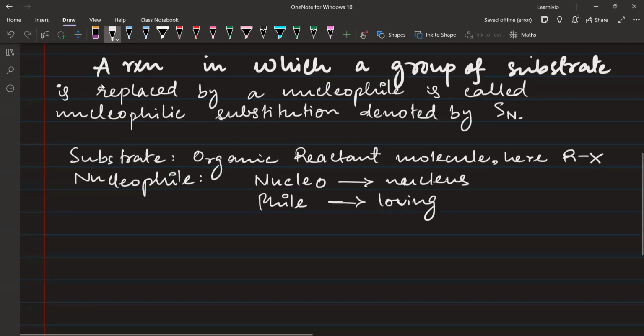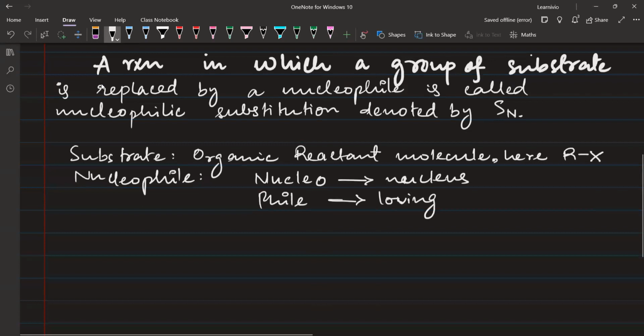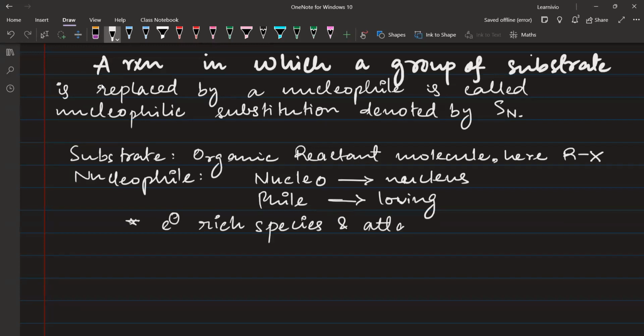So if it is nucleus loving, that means these are going to be electron rich species, and they attack, majority of the time, on the carbon atom.